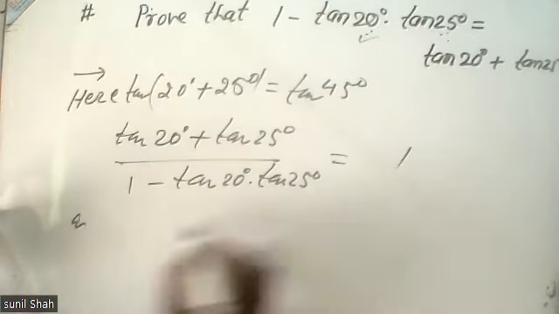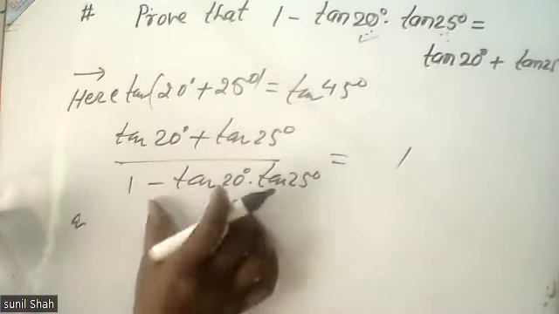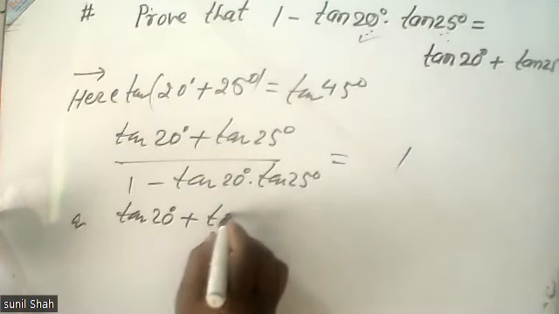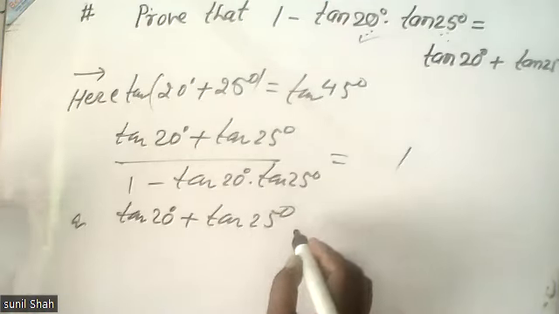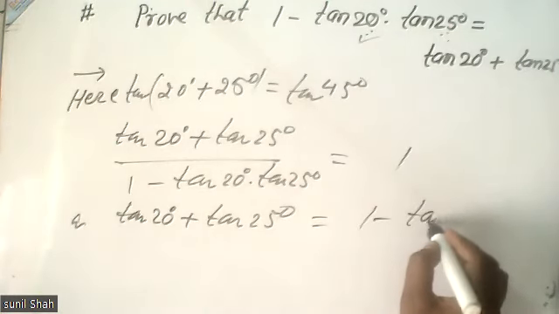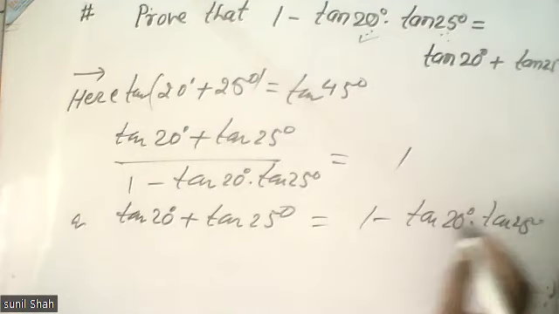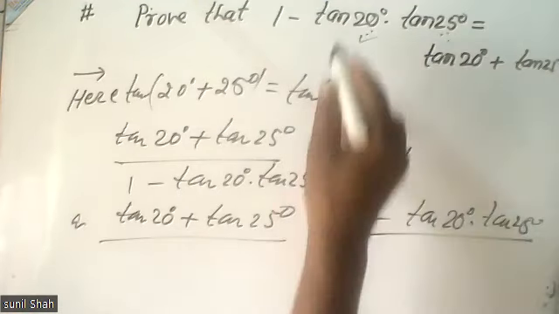Now as before, we multiply this by 1, or this is sent to this side. Tan 20 plus tan 25 degree is equal to 1 minus tan 20 degree into tan 25 degree. Proved. This is LHS and this is RHS here.